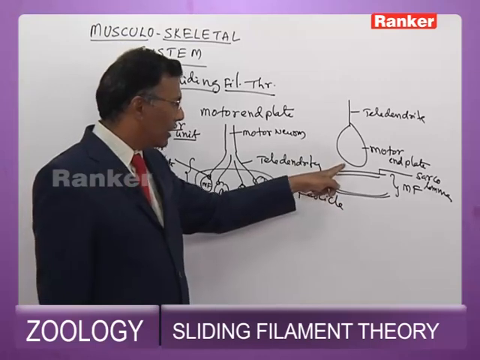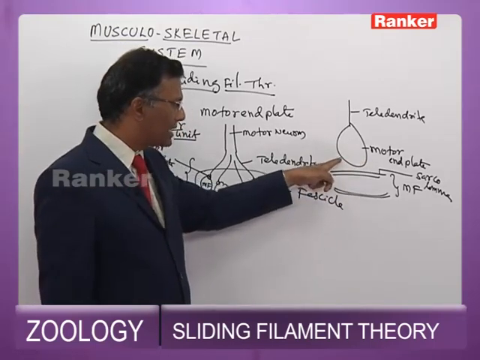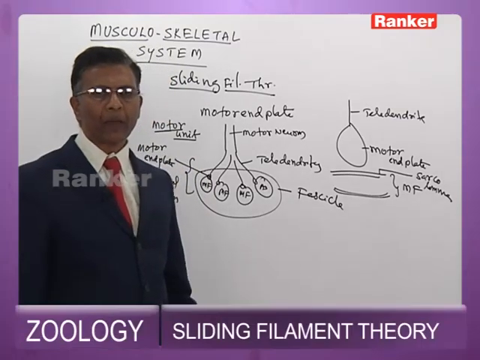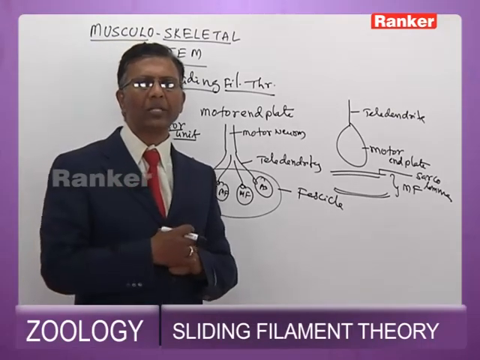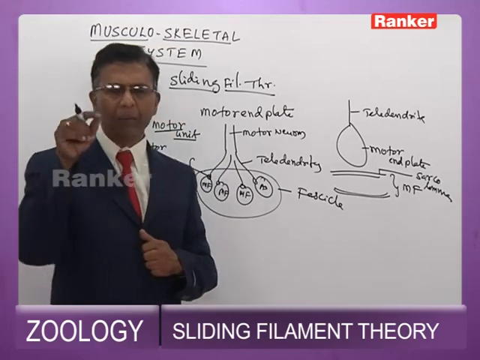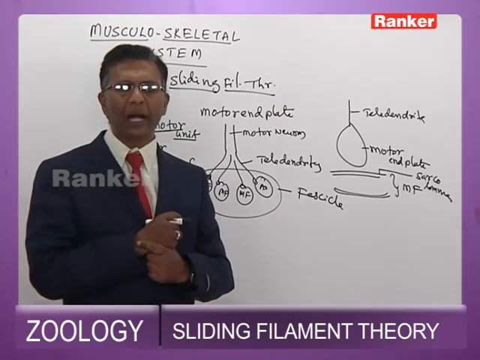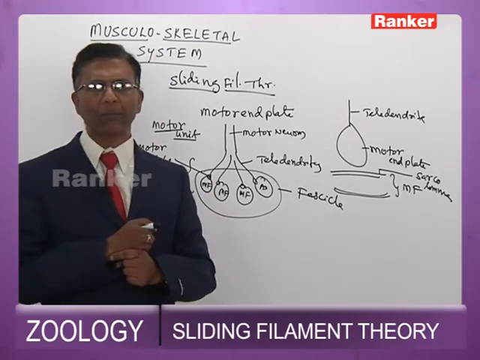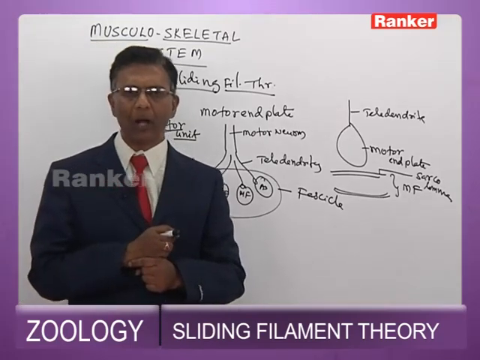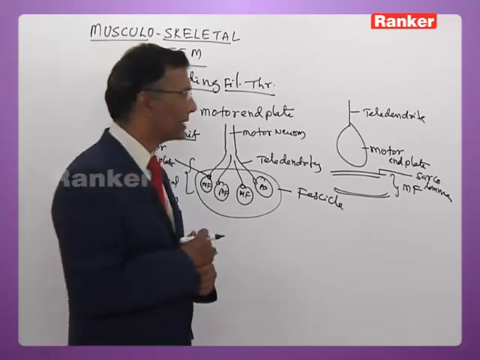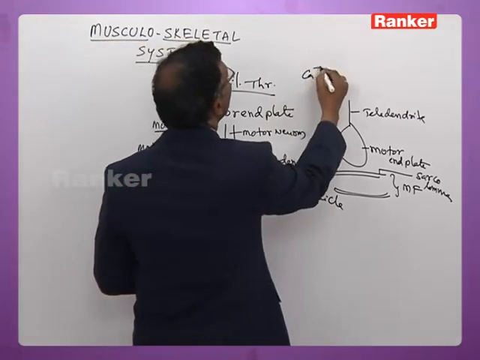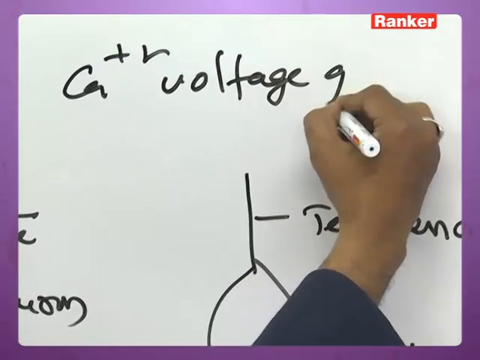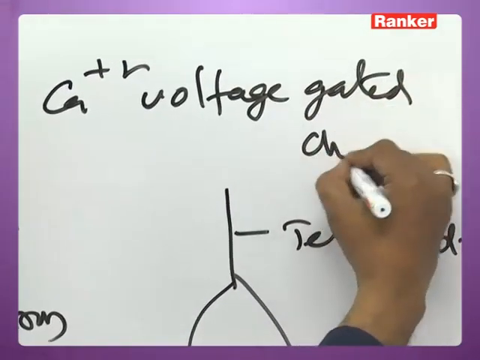When the stimulus, that is the action potential, is made to pass to this, once the action potential depolarizes the presynaptic membrane of the motor end plate, it activates the calcium channels within the presynaptic membrane. Several calcium channels are present, which can also be called calcium voltage gated channels.